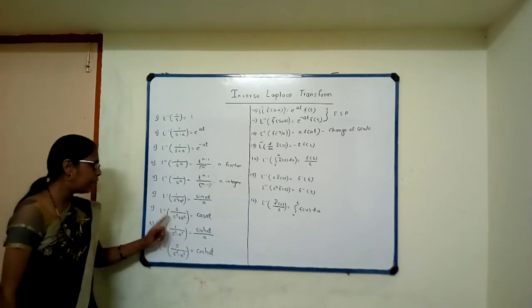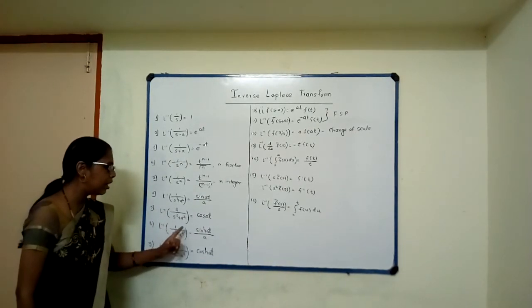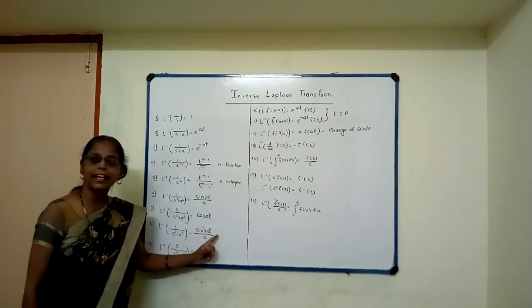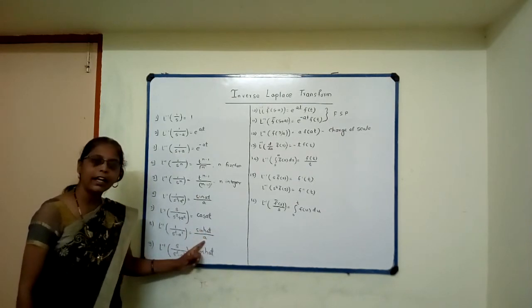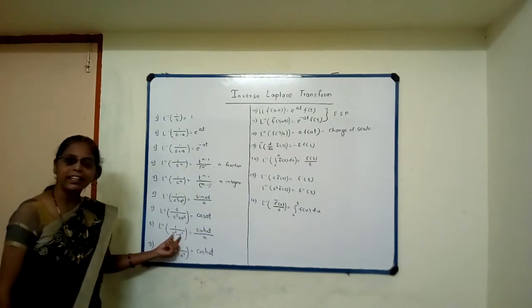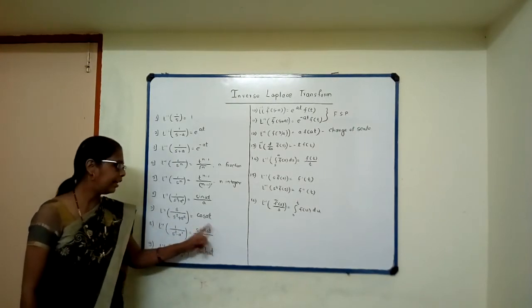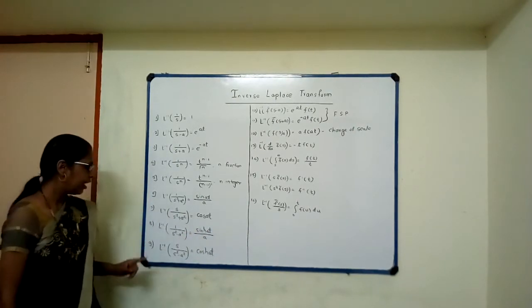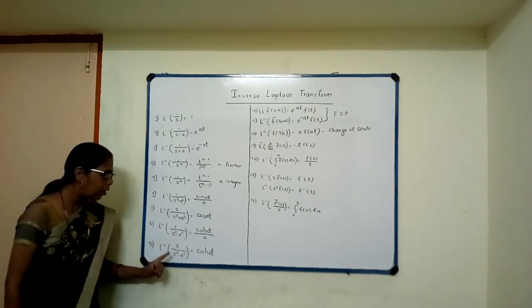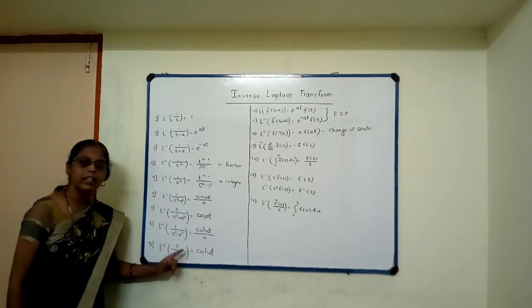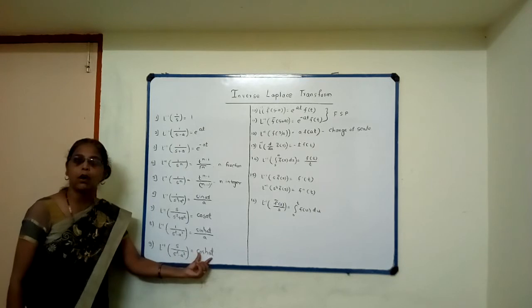Laplace inverse of 1 upon s square minus a square is hyperbolic sin at divided by a. Since there is a minus sign, its Laplace inverse is hyperbolic sin at upon a. Laplace inverse of s upon s square minus a square is hyperbolic cos at.